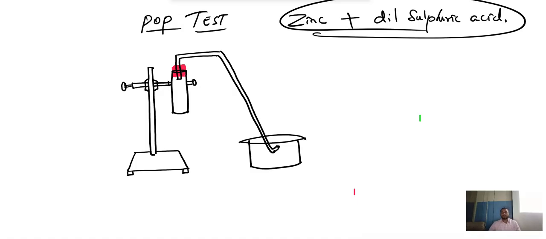Now this is the apparatus. So what are the apparatus we have used here? We have taken a stand, isn't it? Then we have taken a test tube. We have taken a delivery tube.